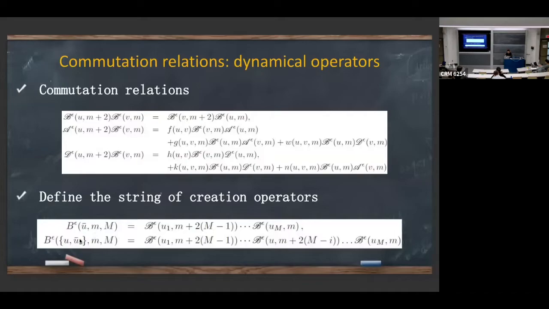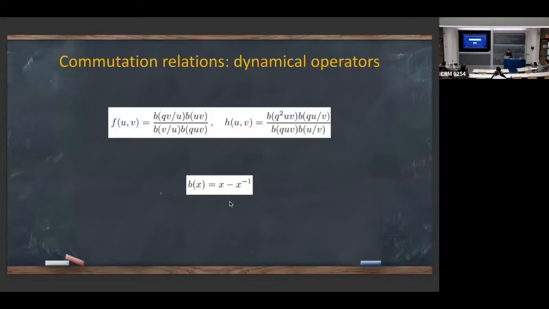We also define the second kind of string where we replace the operator at position I by B of U. I put here the F and H functions. If you are more familiar with them, these are ratios of sinh functions, and as I already mentioned, they are the most important structure constants of this algebra.